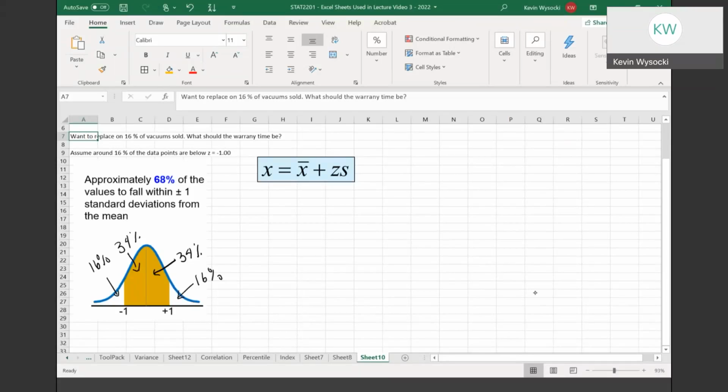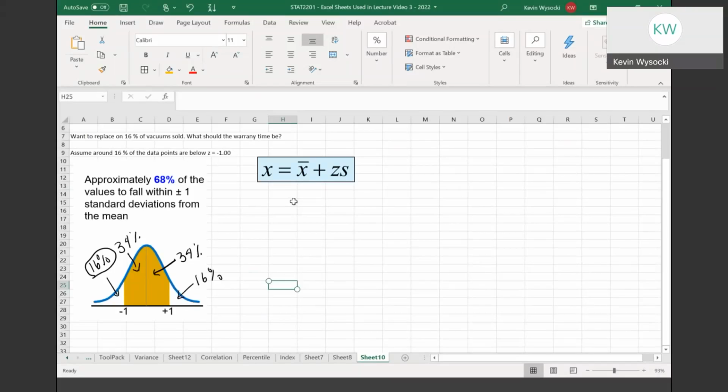But what we know is that 68% of the data falls within -1 to +1 for a z-score. So that makes 34% on each side. We know that the total percent underneath this curve has to be 100%. Okay, so if this is 34%, this must be 16%. So that's where I got a z-score of -1.